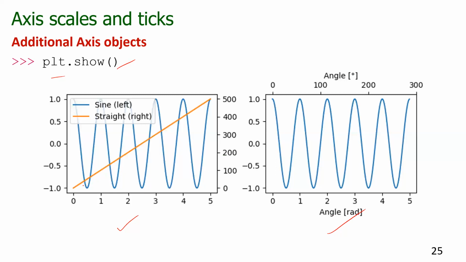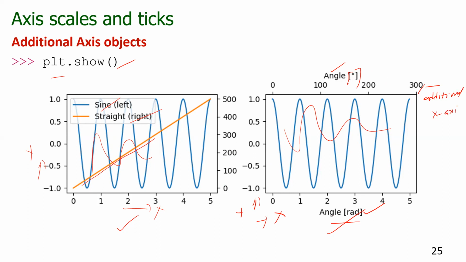In the first one, here you can see this straight line on the right. Then this blue one, sine, on the left. This is the x-axis data. This is the y-axis data. In plot 2, we are defining the x label as angle in radians. Then the title is angle in degrees. This is the view. We are defining this as the x-axis, this as the y-axis, and this is the additional x-axis.